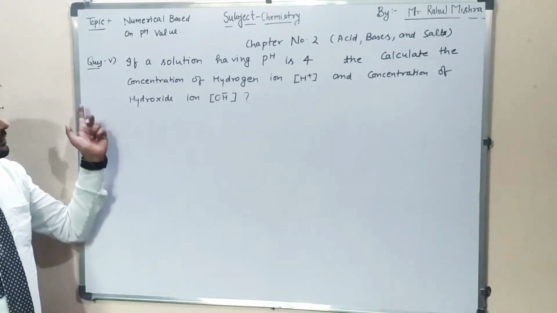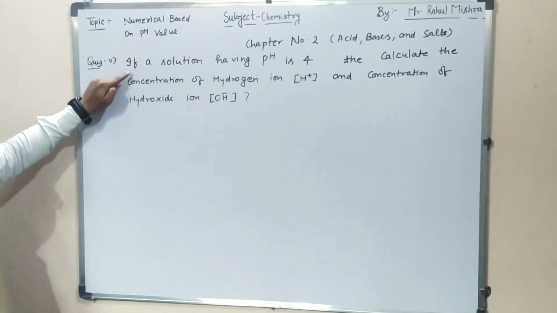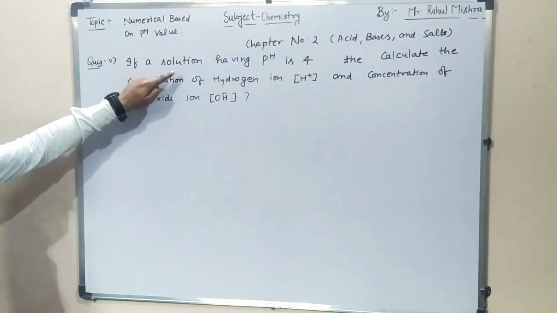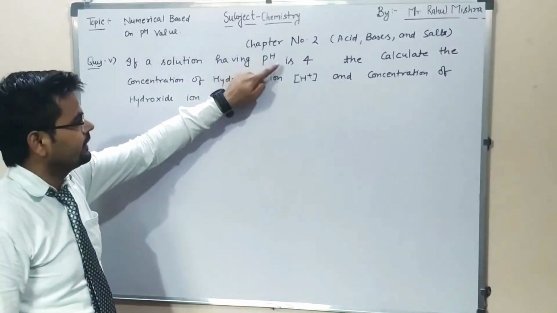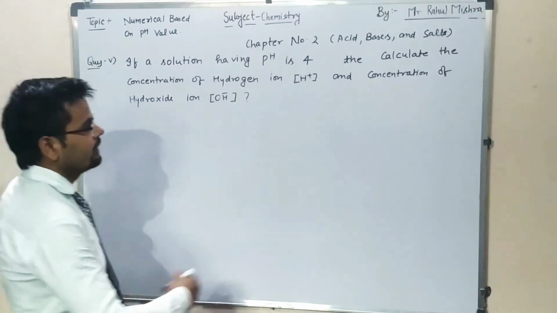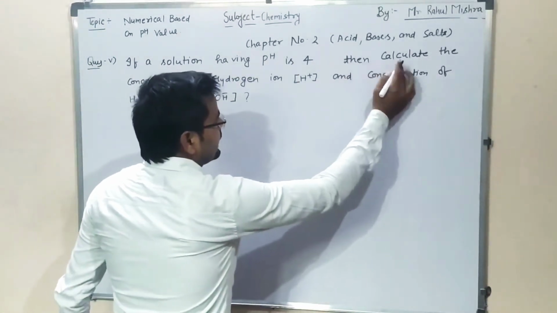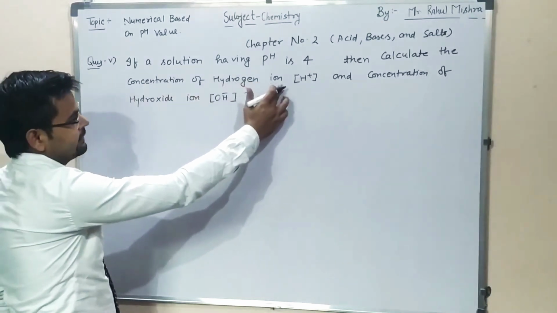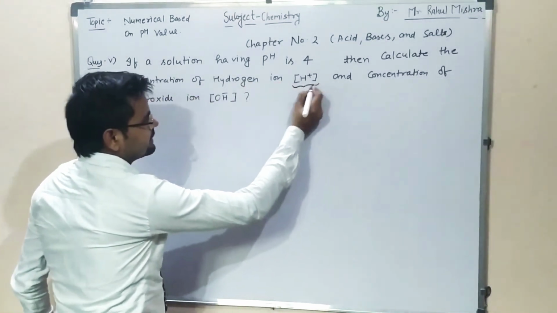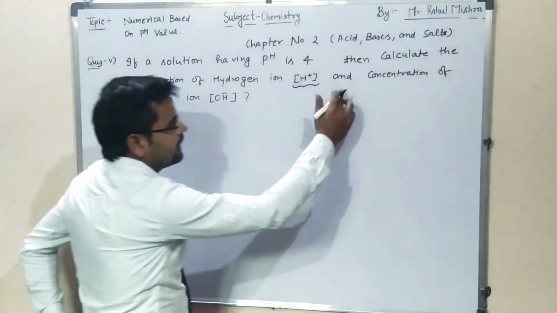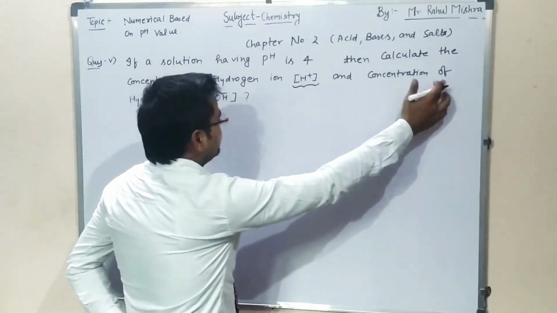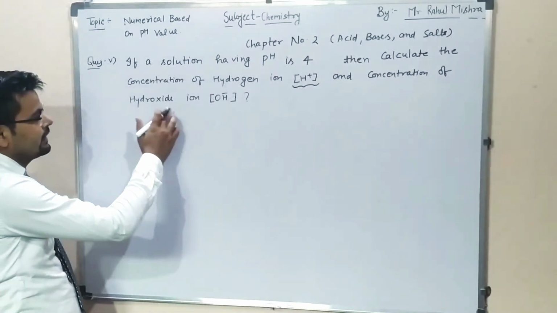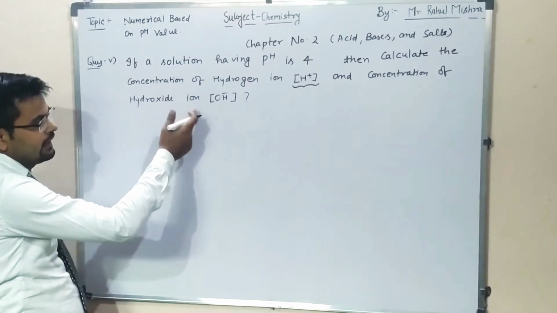So listen, your next numerical is, if a solution having pH is 4, then calculate the concentration of hydrogen ion and the concentration of hydroxide or hydroxyl ion.